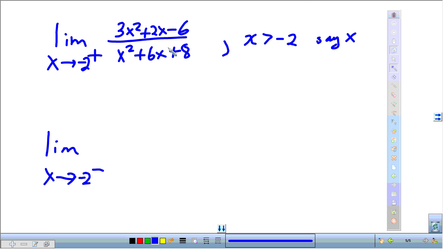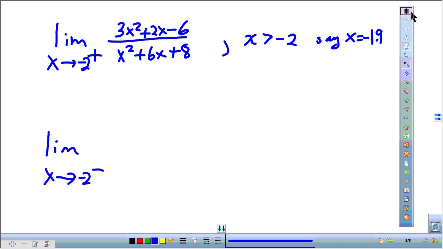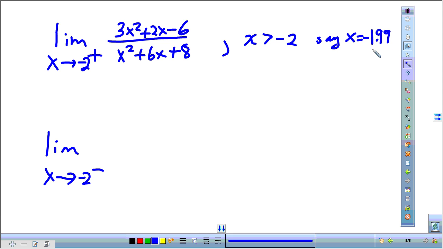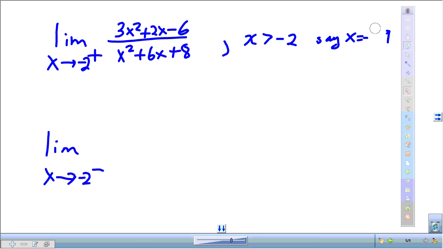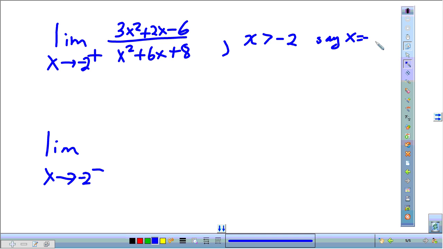We know we can't evaluate at minus 2, but let's get very close and evaluate there instead. So something like minus 1.99. Okay. Almost minus 2, but just slightly bigger.